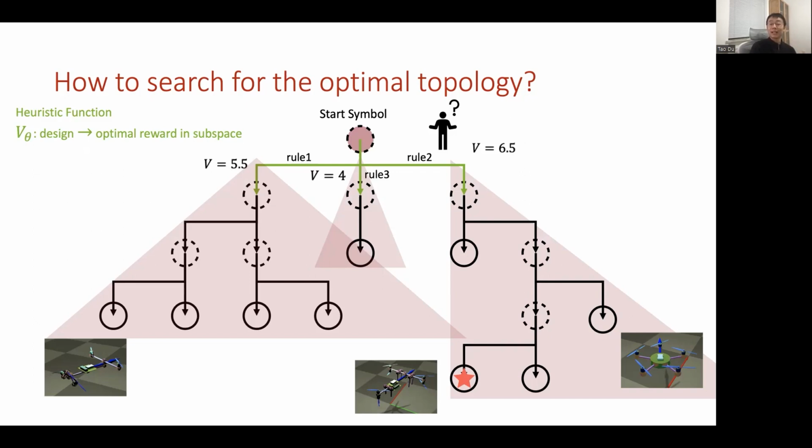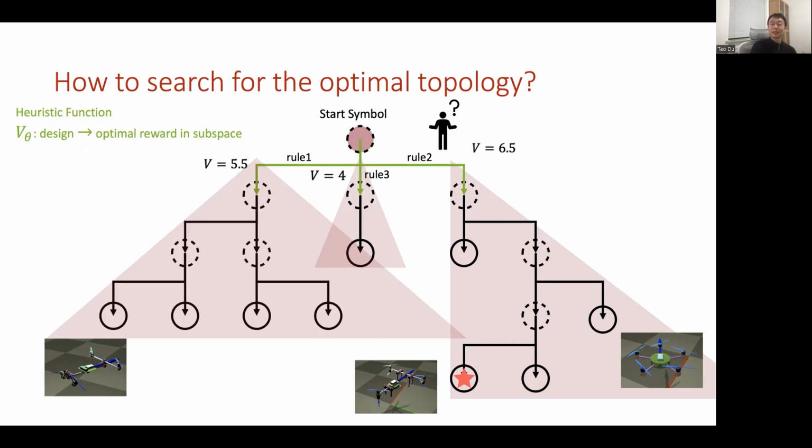But for now, let's pretend that we have this oracle value function. And then the decision-making problem will become trivial at every single stage. For example, at the very beginning, if I am provided with 3 possible choices of the rules, rule number 1, 2, and 3, I could evaluate the intermediate children, and the value function will tell me the values 5.5, 4, and 6.5.